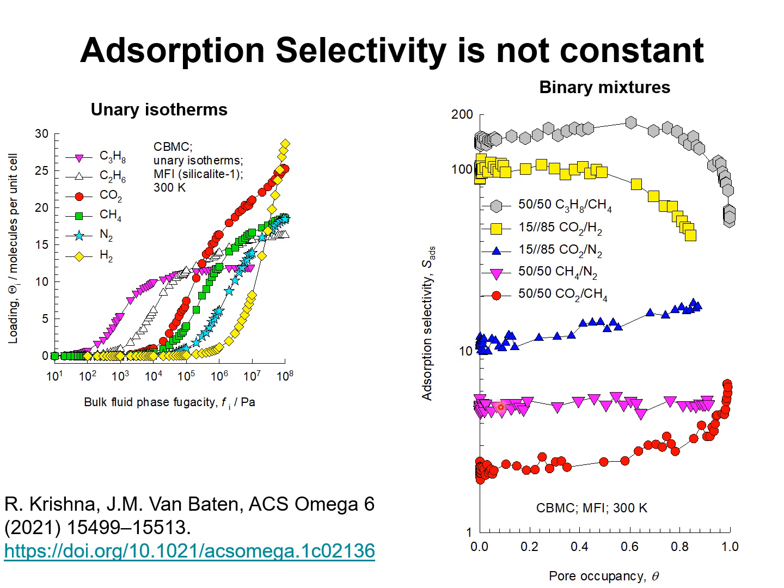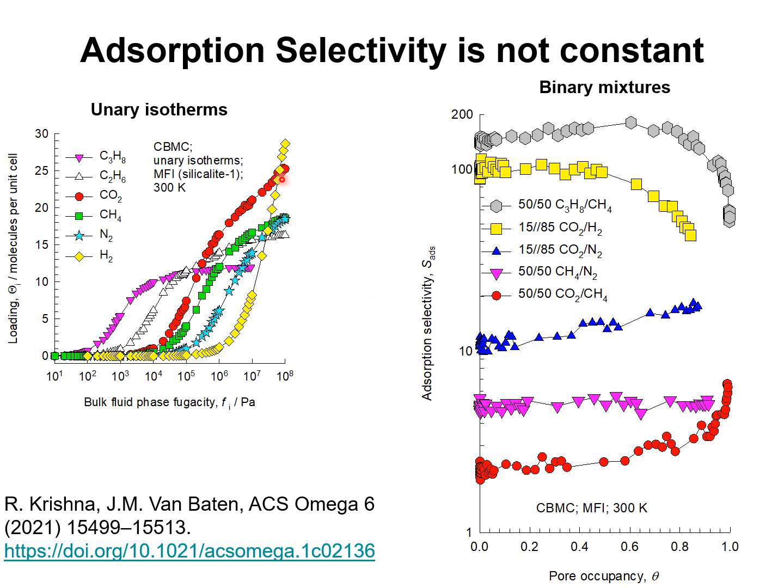For a 50-50 mixture of methane and nitrogen, the adsorption selectivity is practically independent of pore occupancy, and we note that the saturation capacity of methane is approximately the same as that for nitrogen. Finally, we have a mixture of CO2 and methane where the selectivity increases in favor of CO2 that has the higher saturation capacity.